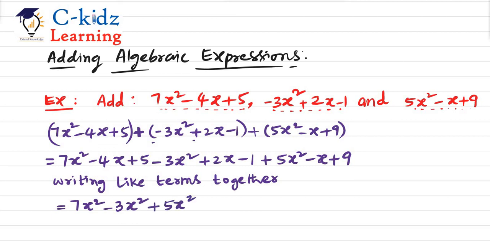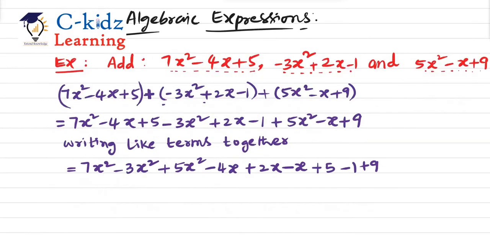All the x square terms I have written together, and then minus 4x plus 2x and then minus x. All the x terms together, and the constants now: plus 5 minus 1 and then plus 9. So now we have to combine the like terms, and combining like terms will give the final answer.